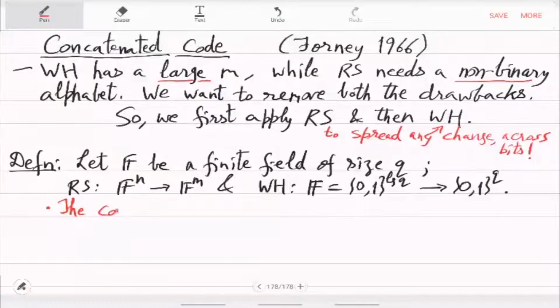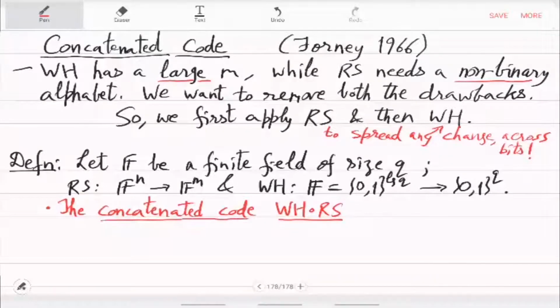So, the concatenated code Walsh-Hadamard, Reed-Solomon, this is the map which views f q to the n as 0 1 to the n log q and maps it to.